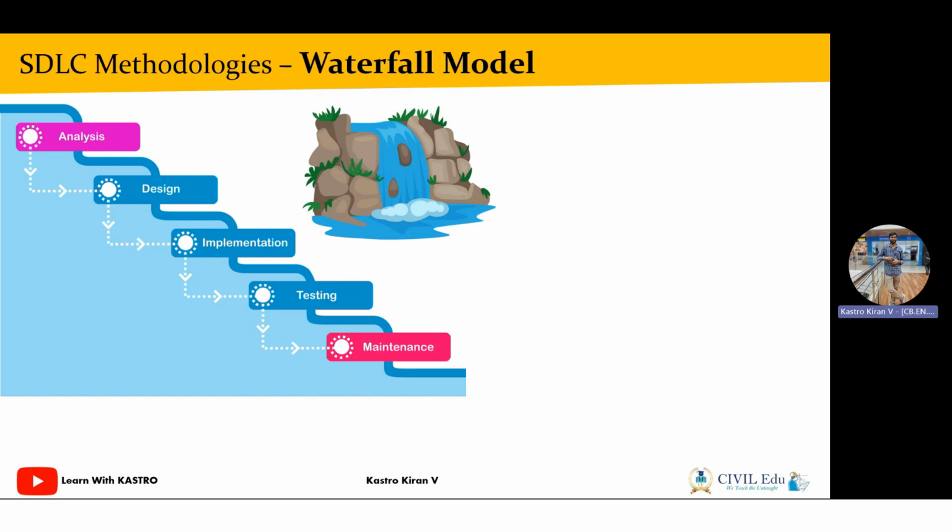Suppose assume that a client has come up to a company and he wants to launch an e-commerce platform. So once the client comes up with the idea, the IT team will do the rest of the activities in order to meet the requirement of the client. Now, in order to develop any application, the very first step is to analyze the requirements and to gather the requirements. That's called as analysis phase.